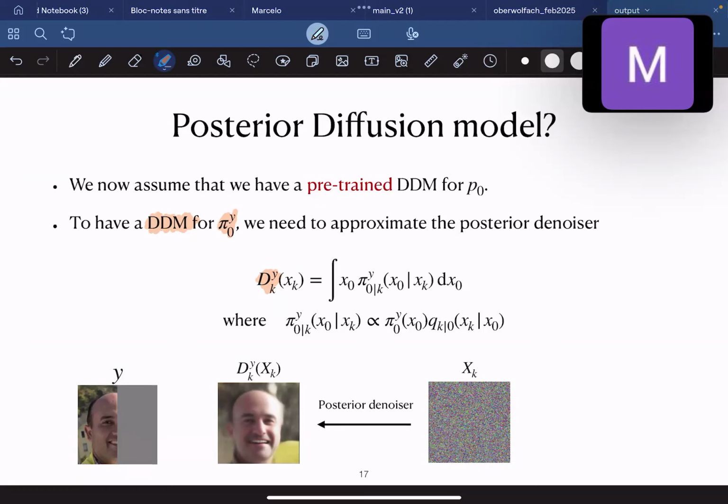You can write it simply with the notation I introduced. By definition of the conditional expectation, it is the integral of x0 with respect to the conditional distribution of x0 given xk. But this time, the conditional distribution of x0 given xk is proportional to P0 times the transition density of my original noising, where I just replace P0 by my true target, which is my posterior pi 0y.